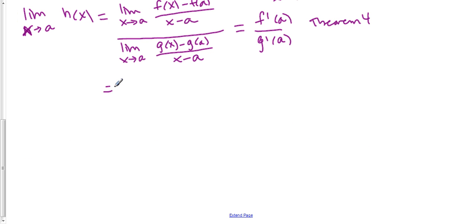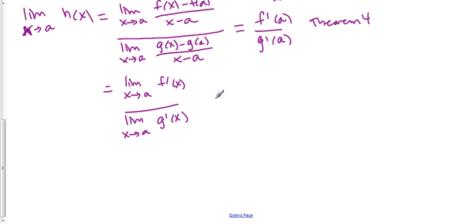Because f of x and g of x are continuous, because they're differentiable, at least near a, I can really write these derivatives as the limit as x goes to a of f prime of x divided by the limit as x goes to a of g prime of x.